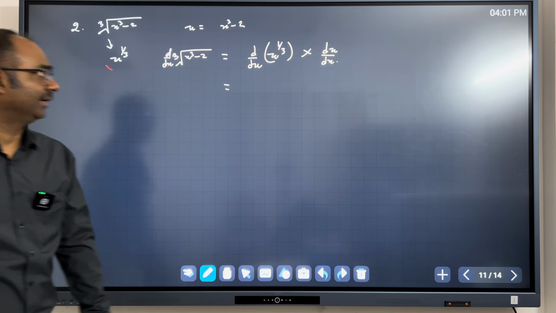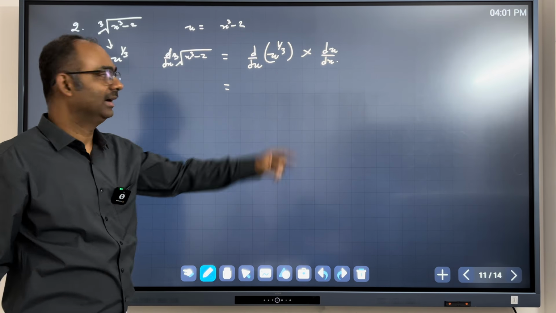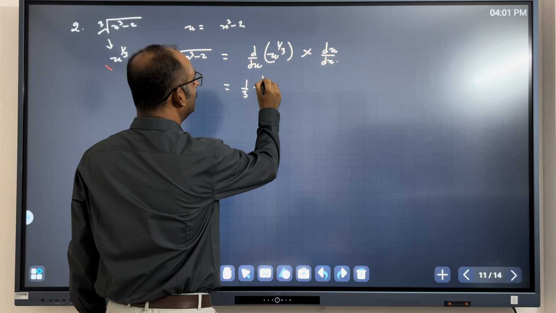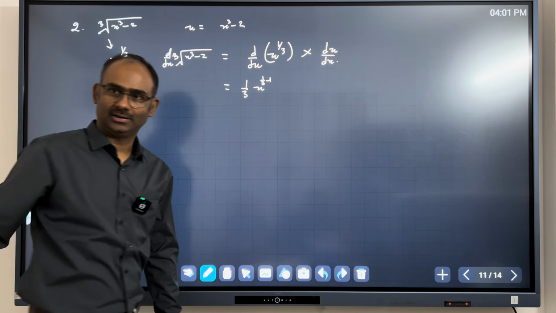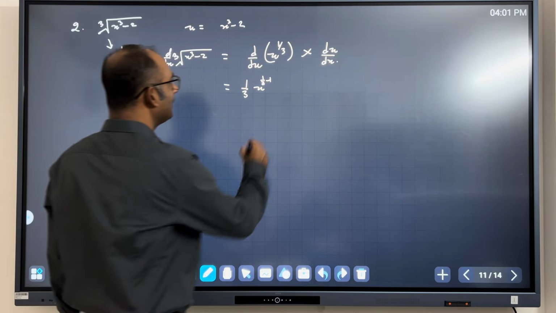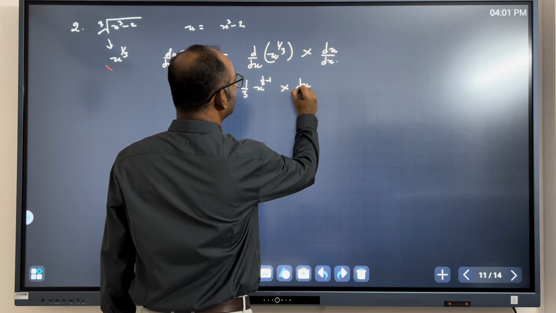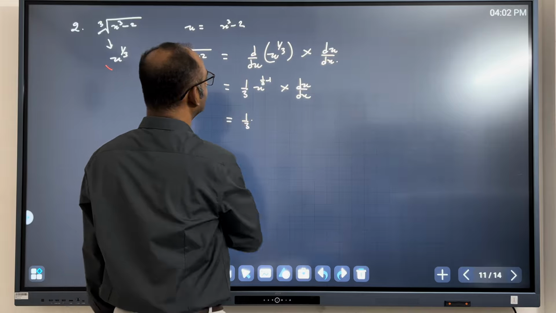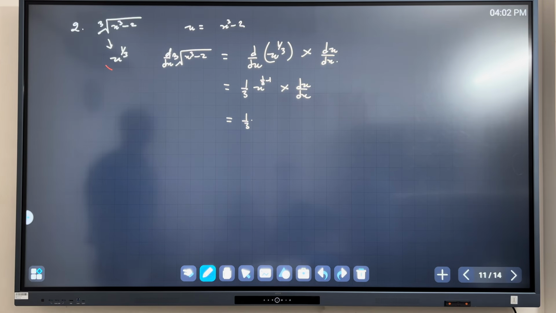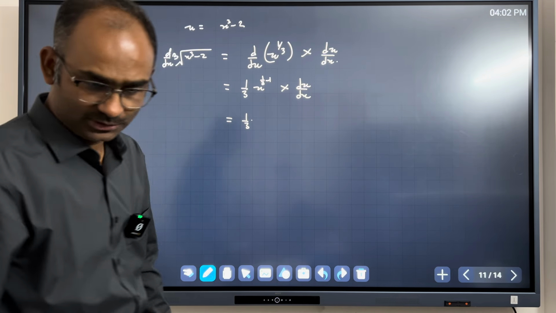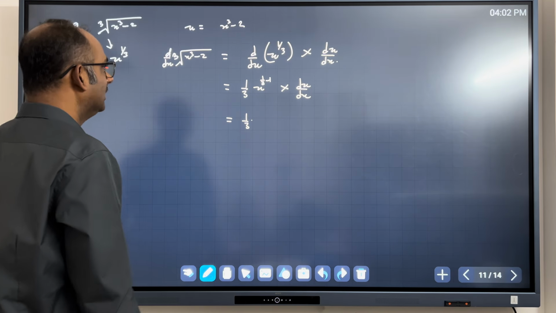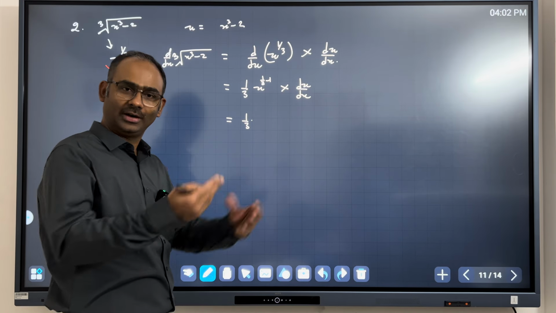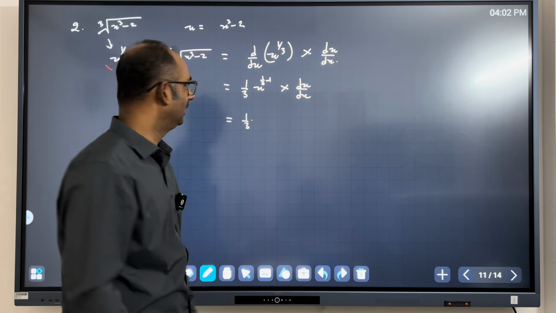What is the derivative of u to the 1/3? It is 1/3 times u to the power 1 over 3 minus 1, right? The power decreases by 1, times du over dx. How much is that? 1/3 times, did I make a mistake? No. So 1/3 minus 1 is minus 2/3. So minus 2/3 means 1 over u power 2/3.